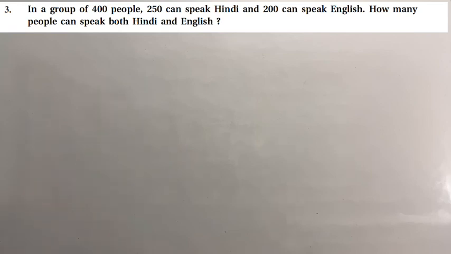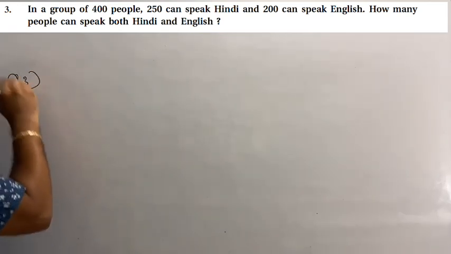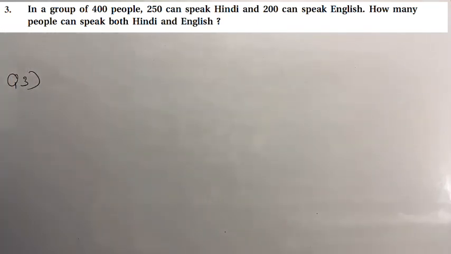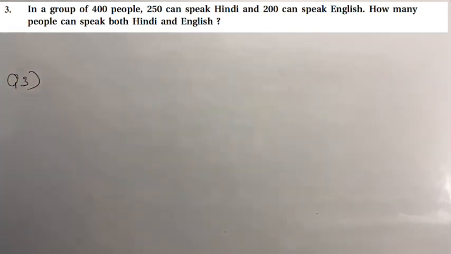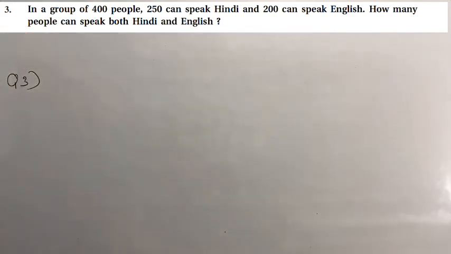Now let's move to question number 3. Now, in question number 3, you can see here that in a group of 400 people, 250 speak Hindi, 200 speak English, and you have to find out how many speak both.